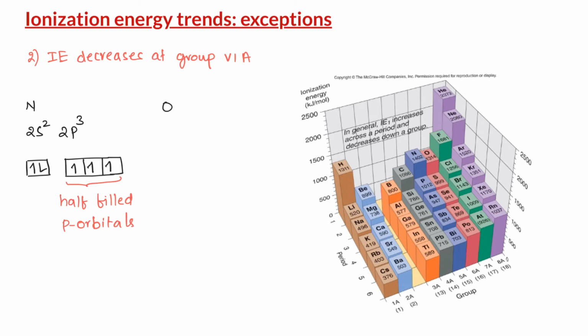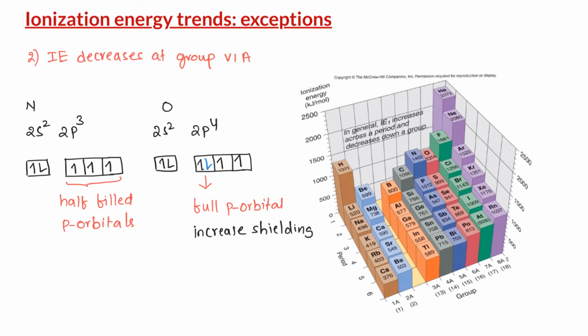When we move to oxygen, an extra electron is added to oxygen. That is, one of the p orbitals is now fully occupied. The electron-electron repulsions in the fully occupied p orbital increases shielding and makes it easier to remove either of these electrons.